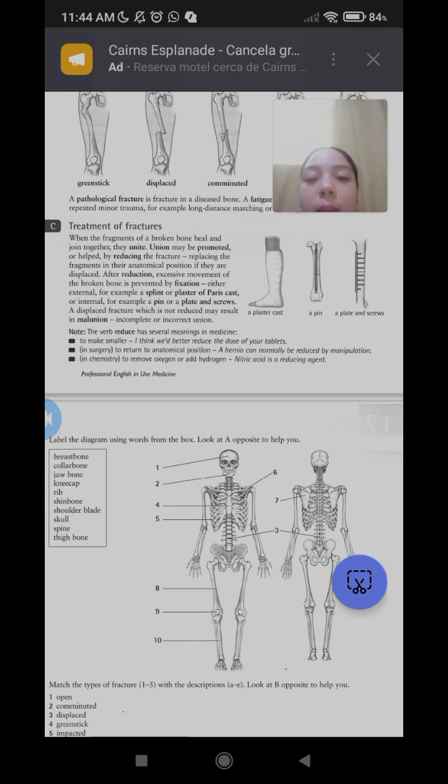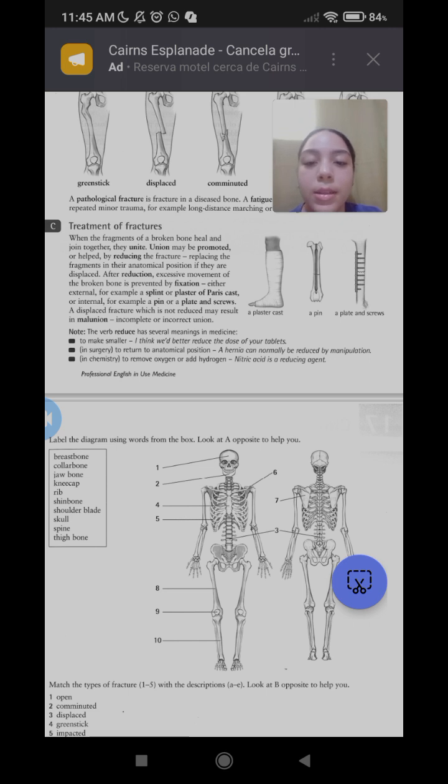When the fragments of a broken bone heal and join together, this is union. Union may be promoted or helped by reducing the fracture, which replaces the fragments in the anatomical position if they are displaced.